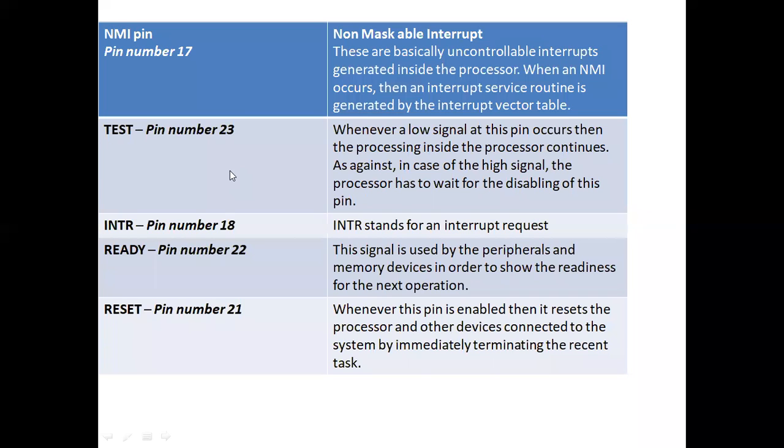Here we have microprocessor based systems operating at very high speed, and the other peripherals are operating at a very low speed. So whenever communication has to be done, signals like the test signal and ready signal are used. This is used whenever the communication is with lower speed devices.